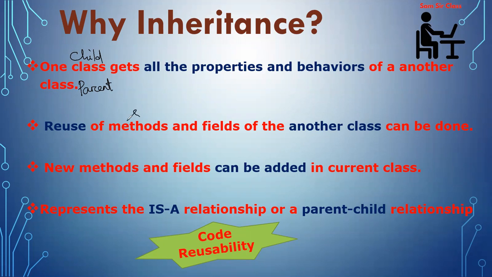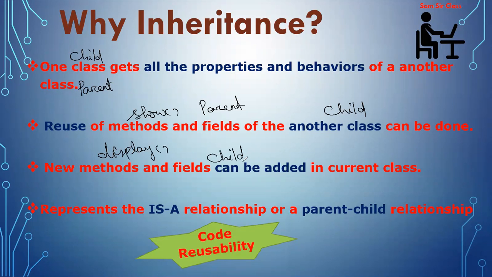Which method? The show method of the parent class, I can access inside the child class. Then we have given the example of new methods like display belonging to the child class. So we can add new methods and fields inside the child class. We don't have any problem.